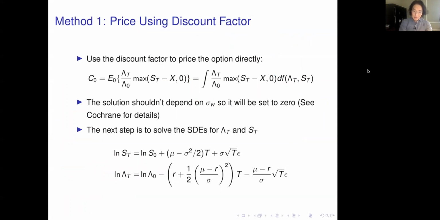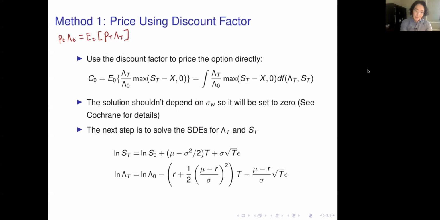Okay, so remember, from the fundamental pricing equation, the price of any asset at time t is basically... Okay. So that was the property of the stochastic discount factor. Okay.